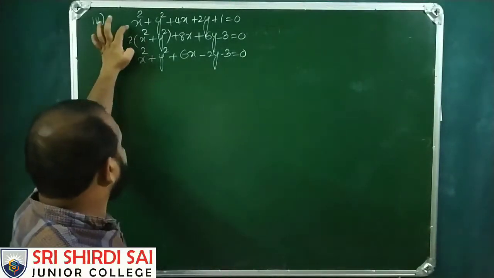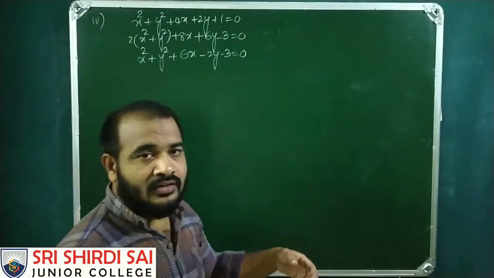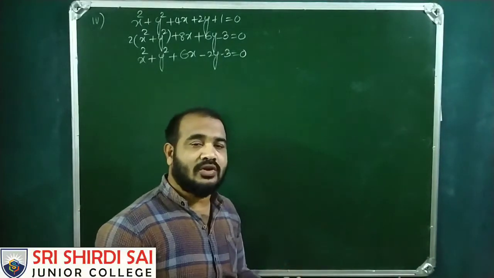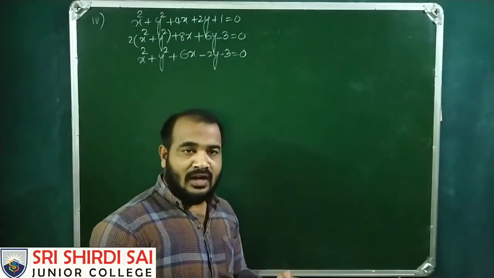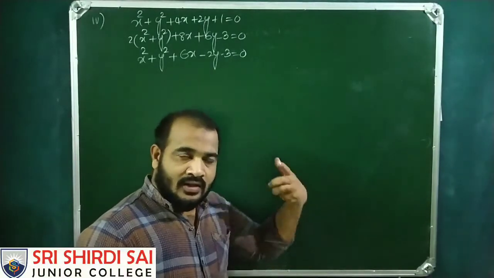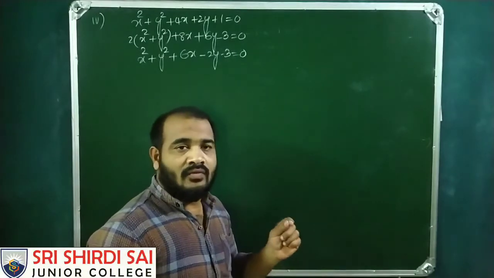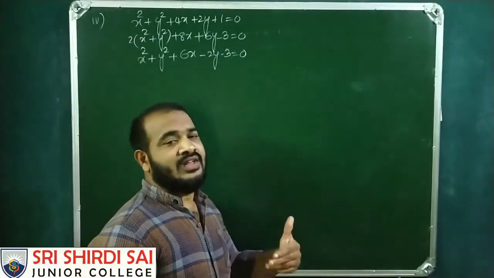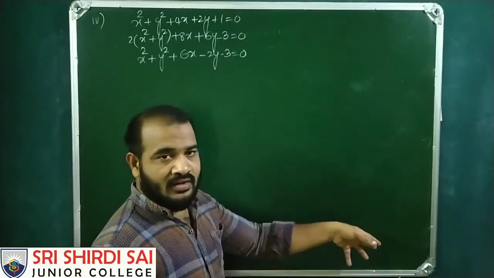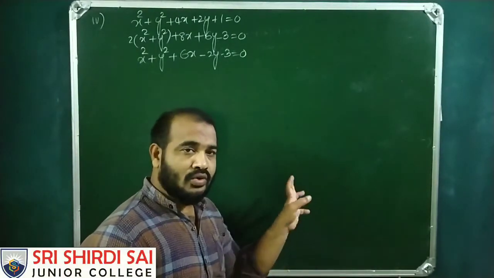Let us take these to be S', S'', S''', and the orthogonal condition is 2gg' plus 2ff' equals c plus c'. Let us use it for all three and solve. Then we will be getting the g, f, c values. That is one method. Otherwise, the second method is what we are discussing. Okay, so let us try to do the problem in both the ways.